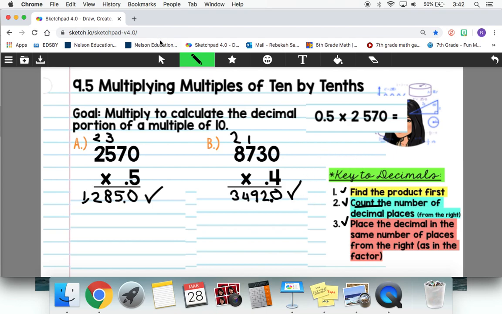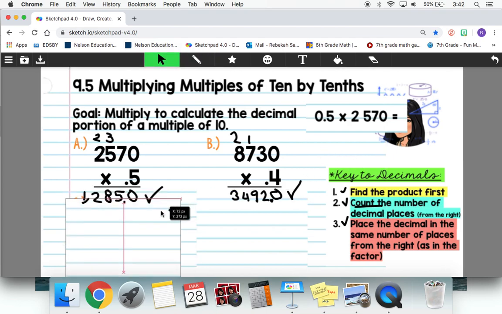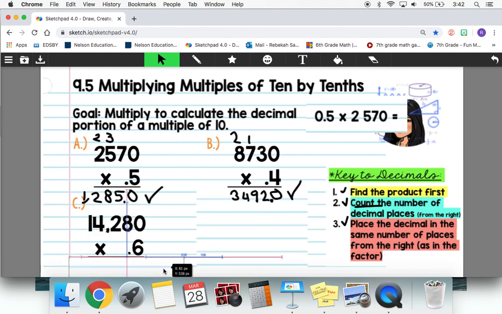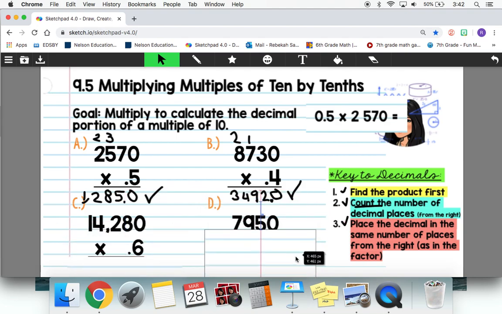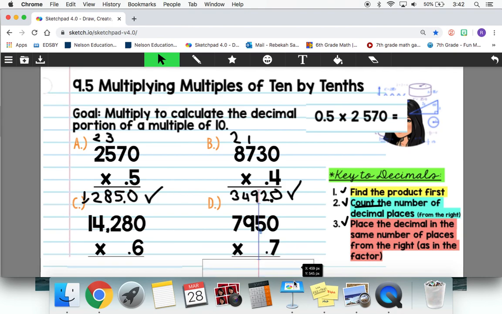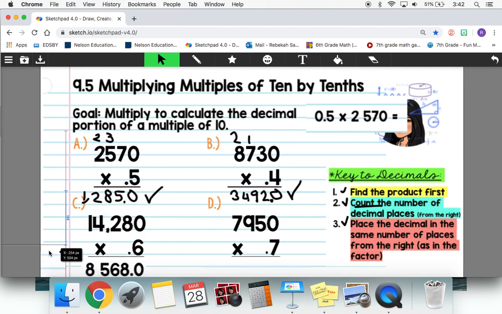Okay, so great job, guys. I'm telling you, easy stuff. So go ahead and we're going to do a bigger number for letter C and smaller number for letter D. Go ahead and put a pause on that, and we're going to show you the answers after. All right, so C, we have 6 tenths of 14,280 is 8,568.